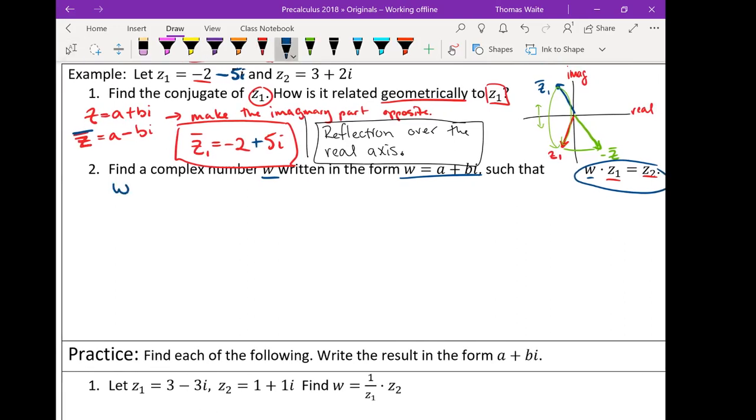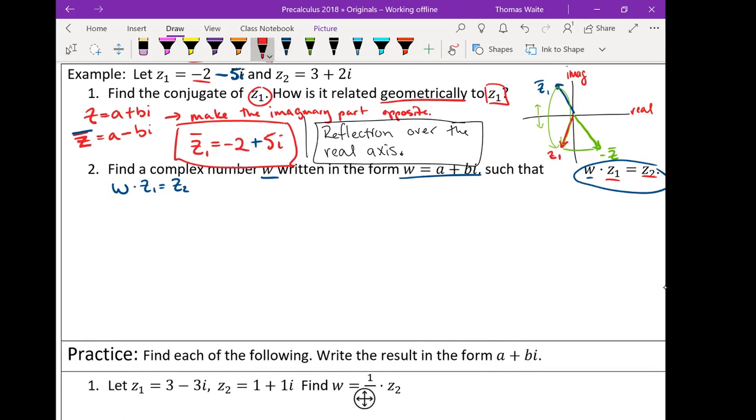So if w times z1 equals z2, I want to get w by itself, and right now it's being multiplied, so I'm going to divide out a z1. That gives me w equals z2 divided by z1.